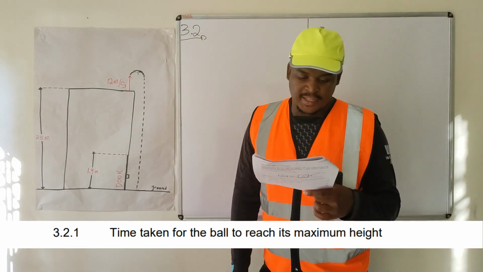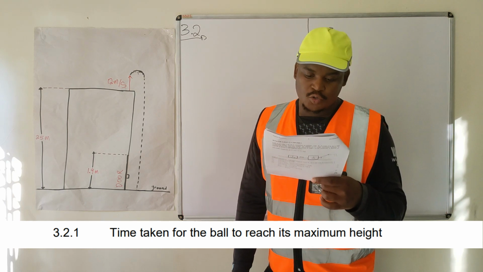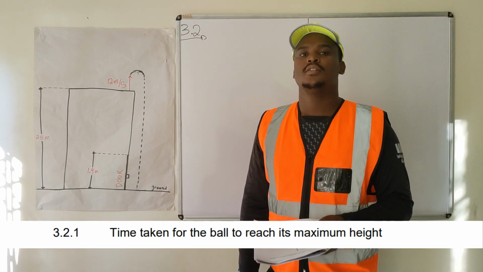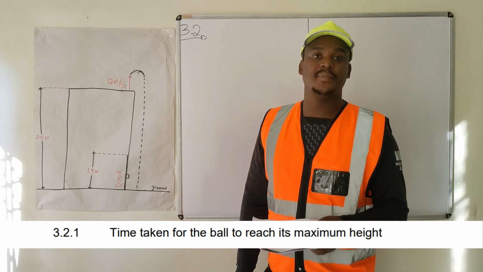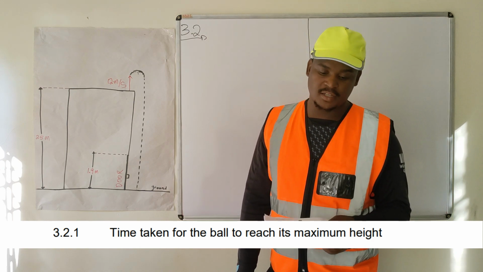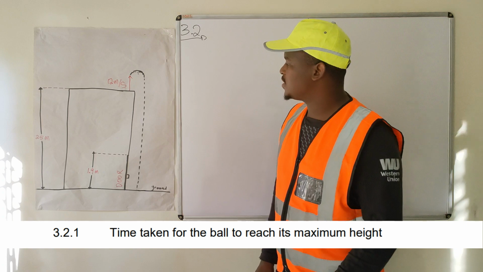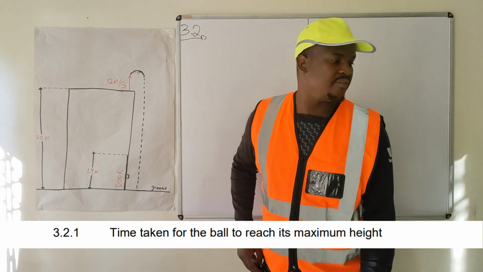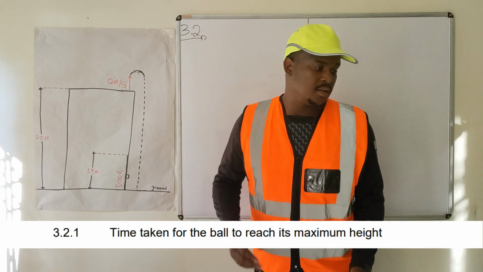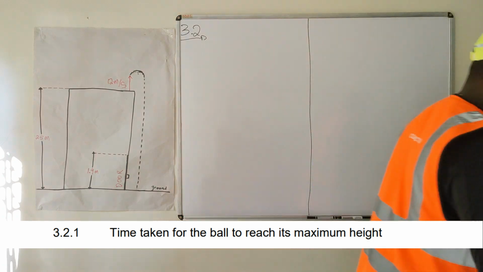Calculate the time it takes for the ball to reach its maximum height. So they want us to calculate the time the ball takes to reach the maximum height. So when you're doing this kind of calculation, I think it's very important to have a coordinate system, right?